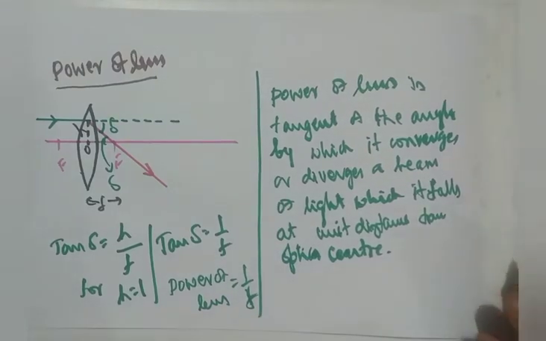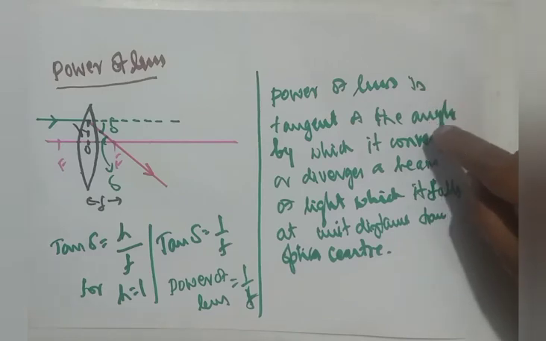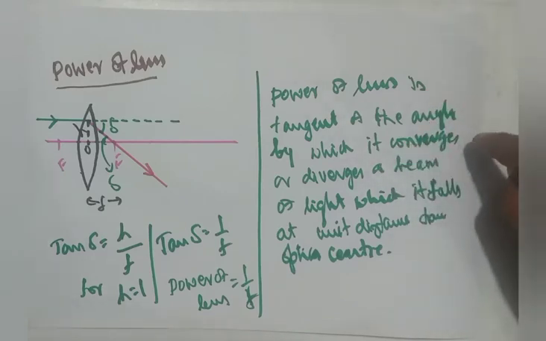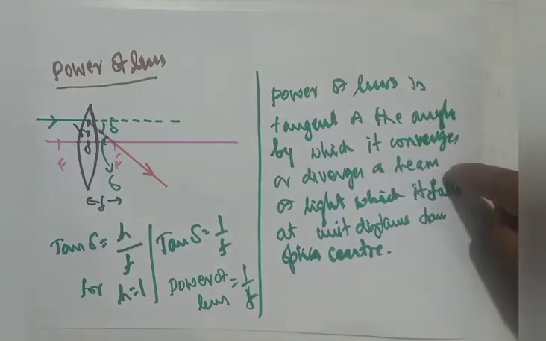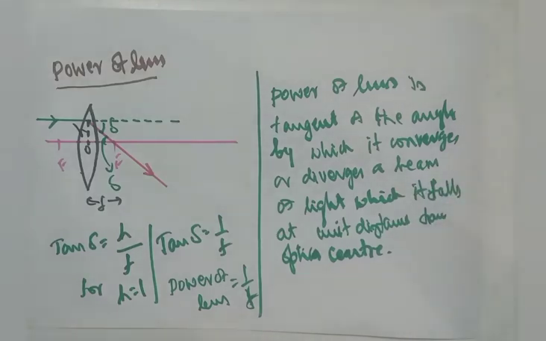This is the definition of power of lens. Let us go through it. Power of lens is the tangent of the angle by which it converges or diverges a beam of light which falls at unit distance from optic center. So this is what we call power of lens.